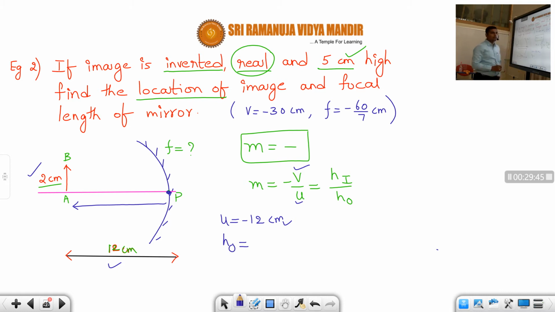So height of the object is equal to, shall I write 2 centimeters or minus 2 centimeters? We should write plus 2 centimeters. Why, students? Because here we are measuring the distance above the principal axis. Any distance measured above the principal axis is taken as positive, and any distance measured below the principal axis is taken as negative. So therefore here we should write plus 2 centimeters.